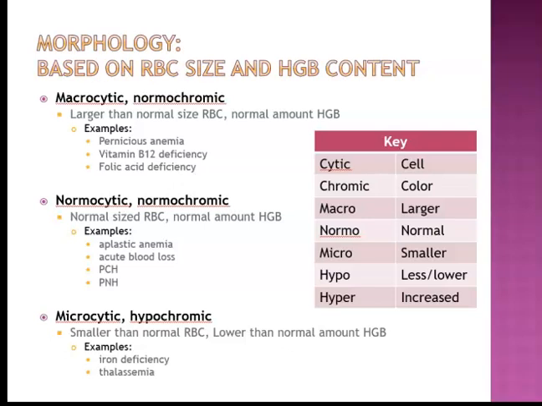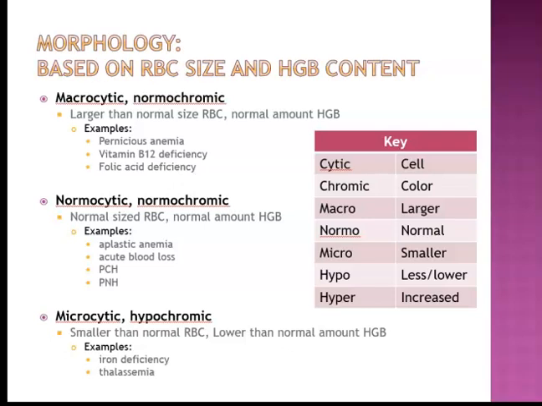PCH stands for paroxysmal cold hemoglobinuria. It's also sometimes referred to as Donath-Landsteiner hemolytic anemia syndrome. The last example under this category is PNH, which is paroxysmal nocturnal hemoglobinuria, which leads to premature cell death and impaired production of cells.